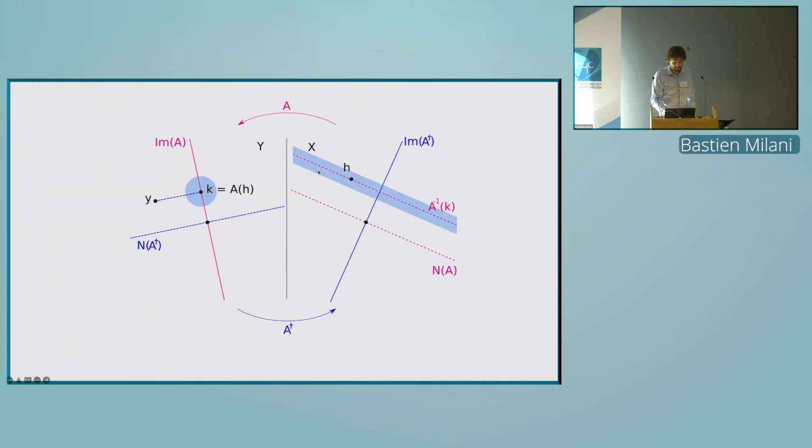The purpose of regularizing is to find, in this blue set here, a solution that is the best among the others. So the data fidelity term allows us to travel in that direction, and the regularization allows us to travel in that direction, parallel to the null space, to find the preferred solution.